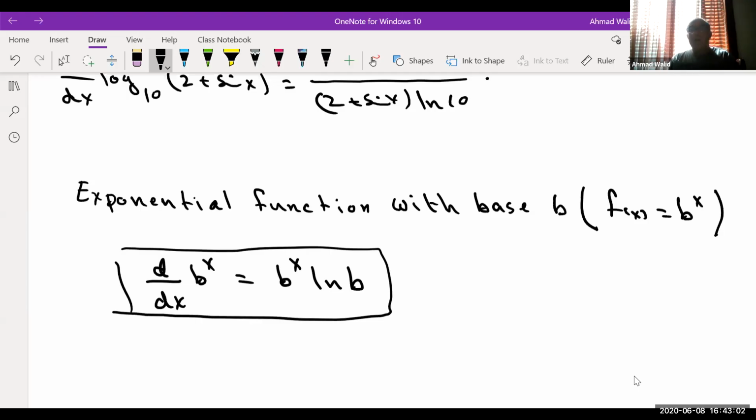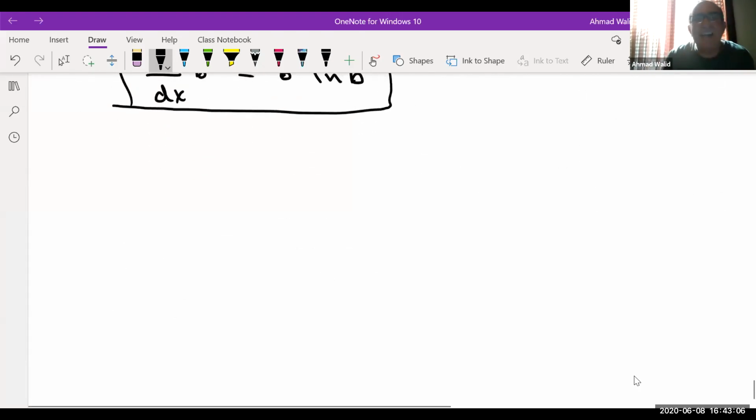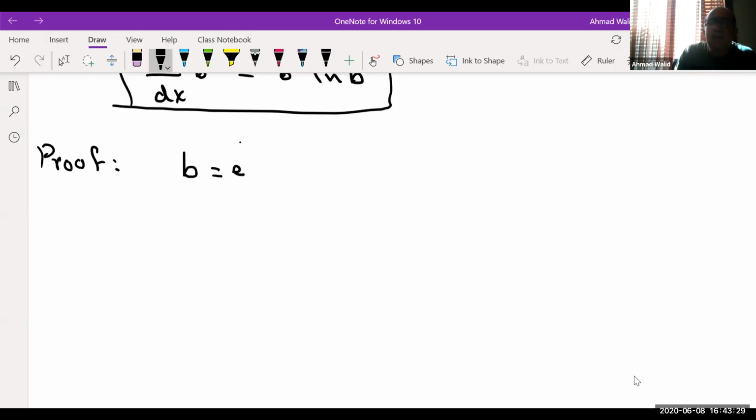But where does it come from? Again, I'll do a quick small proof for you. Instead of b, based on algebra, can I say actually b equals e to the power of ln b?